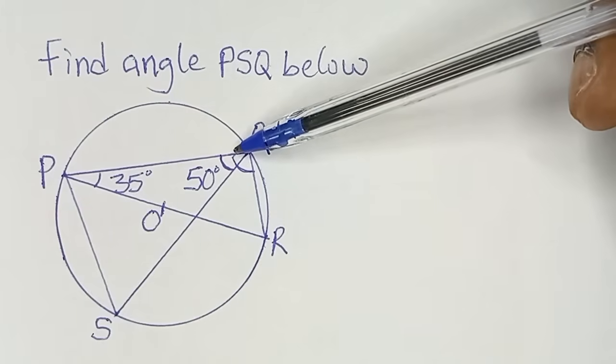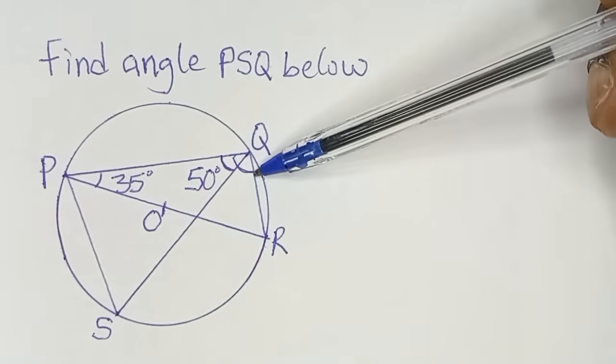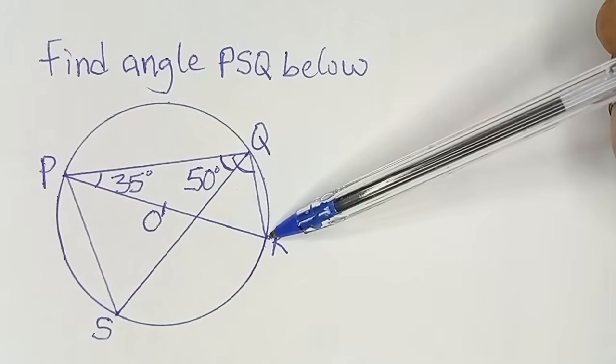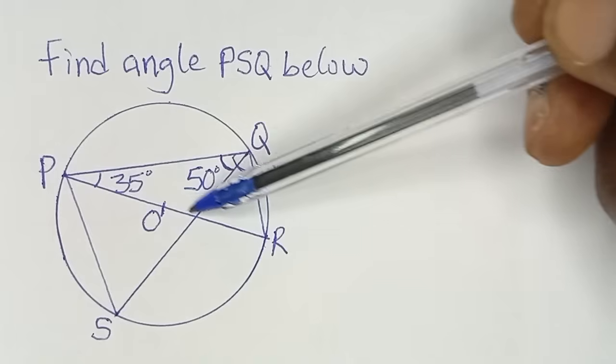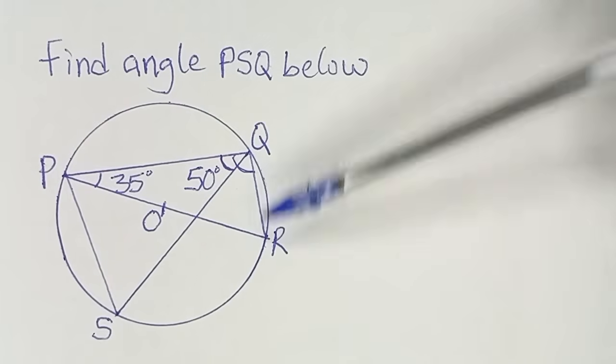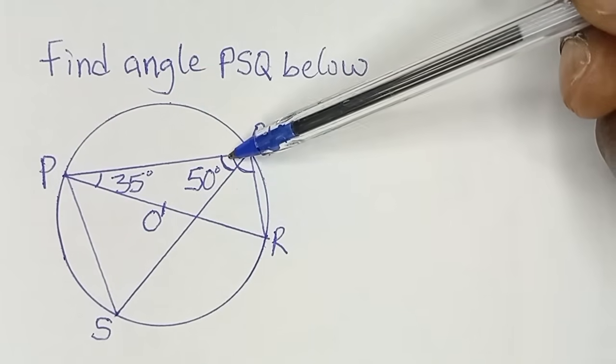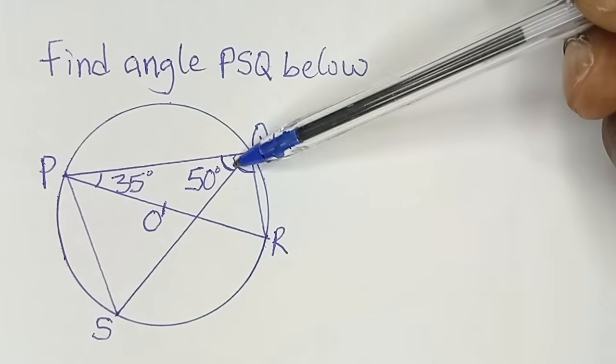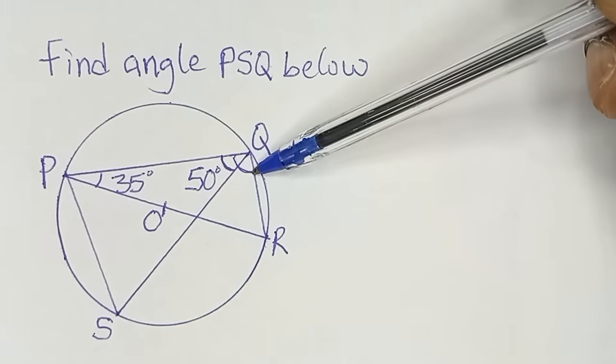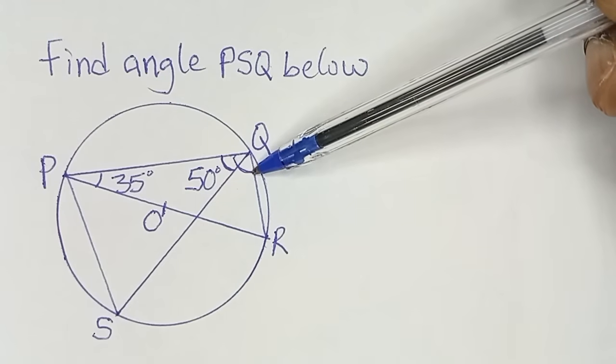This line PR creates a semicircle, dividing the circle into two equal parts, so the angle opposite this diameter in the triangle becomes a right angle.